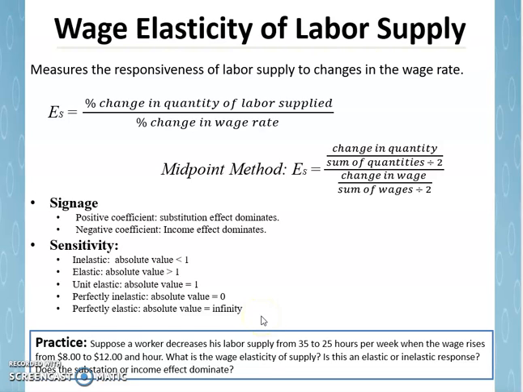Most of what we find in our analysis in labor markets is going to be either inelastic or elastic, because these are a very broad range, either greater than 1 or less than 1. If you were to get a perfectly inelastic labor supply relationship, then that would imply that if wages went up or down, there would be no changes in the labor supply.